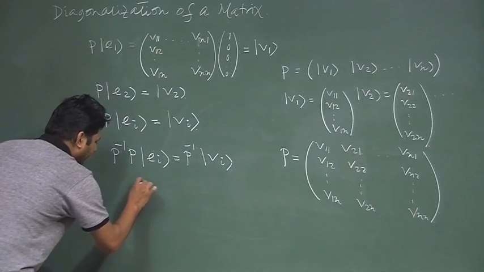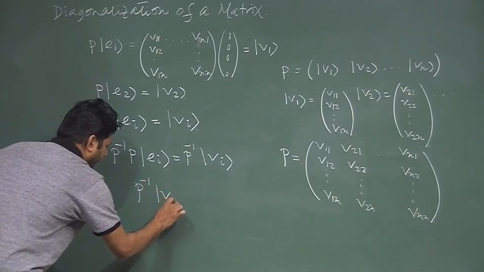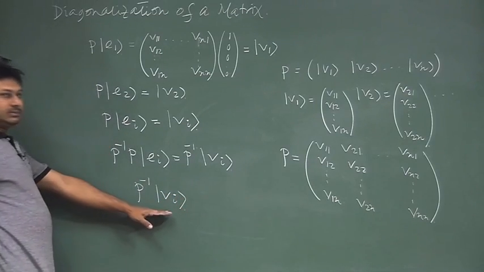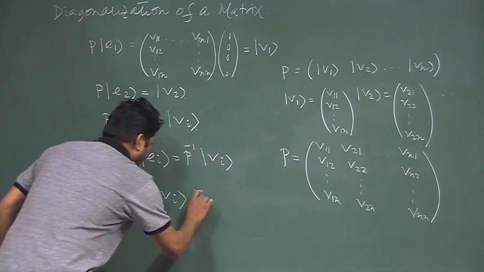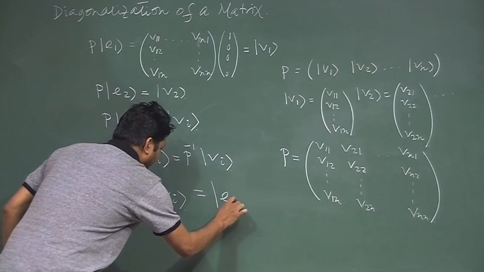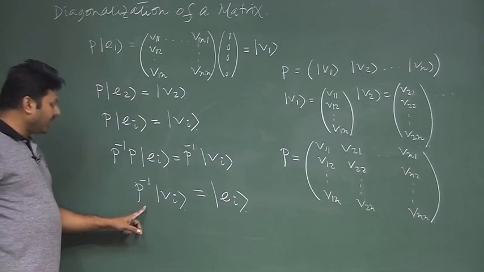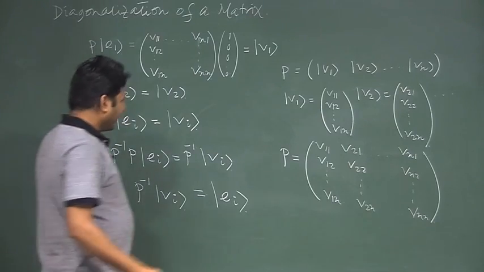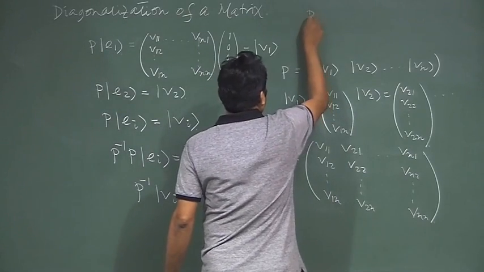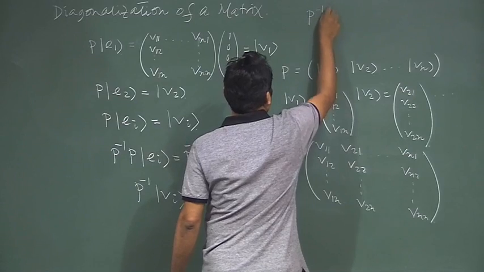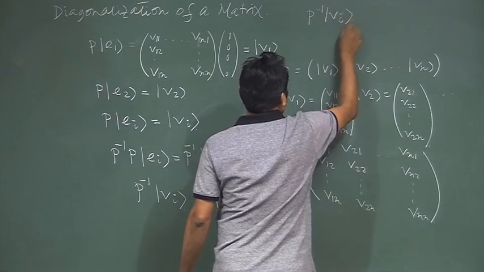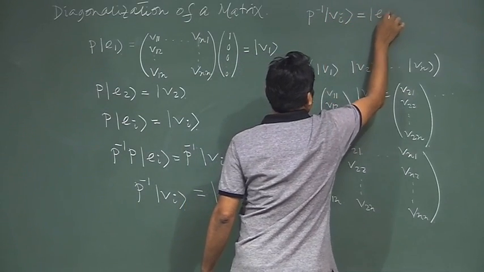So P inverse of Vi is nothing but ei. I require that, so let me write this outcome here: P inverse of Vi is ei.